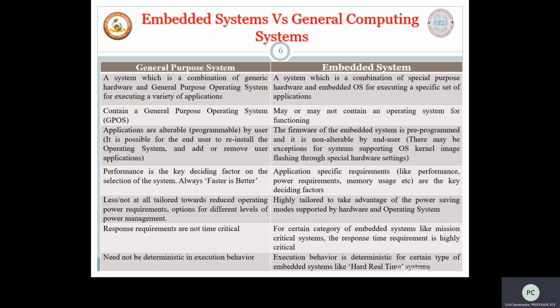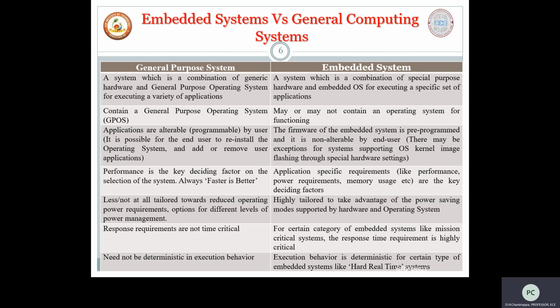Suppose a cell phone has some kind of operating system, and a desktop has some other kind of operating system. In an embedded system, such as a cell phone with particular applications, we choose the particular operating system depending on our convenience.